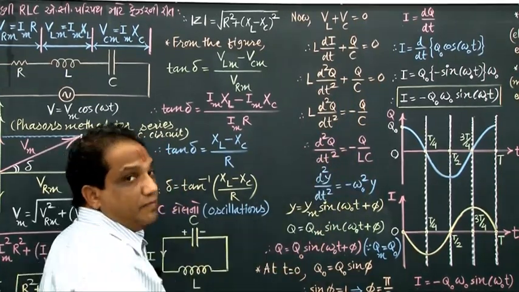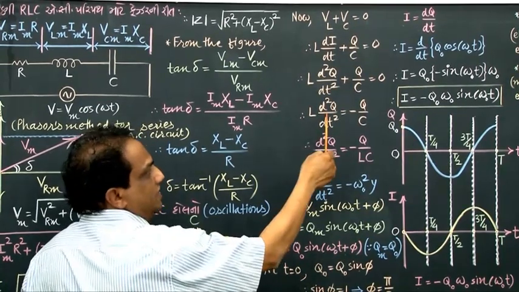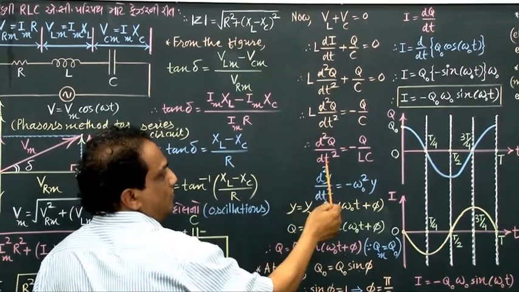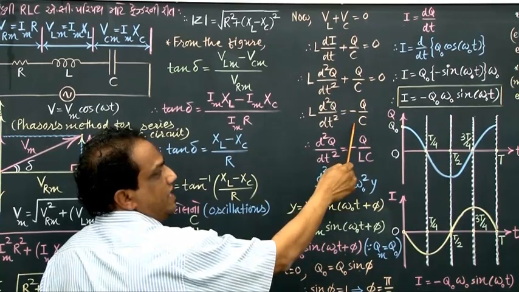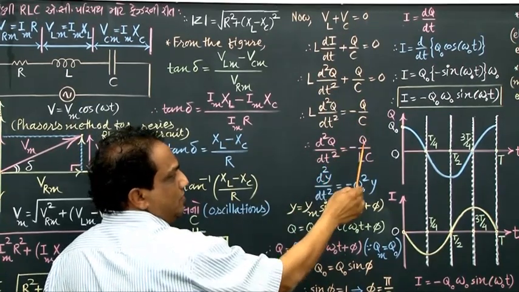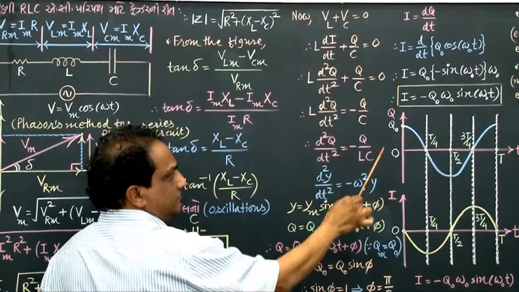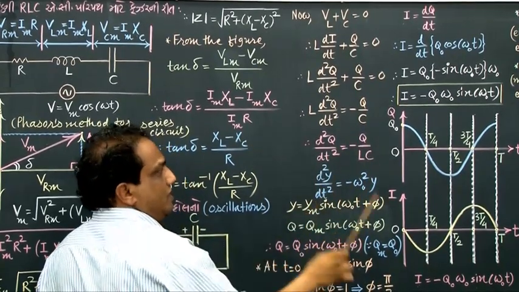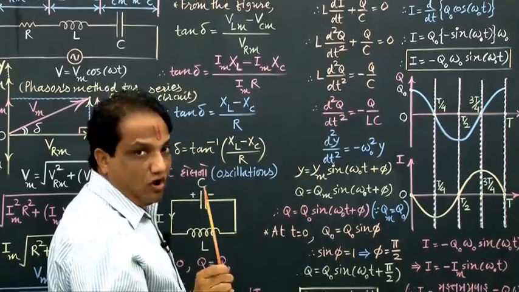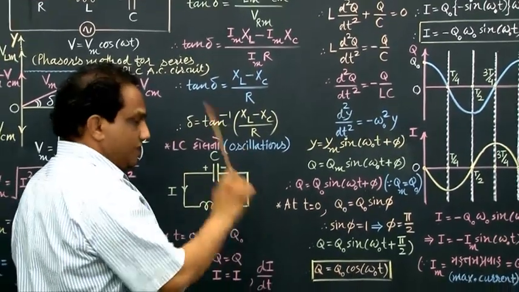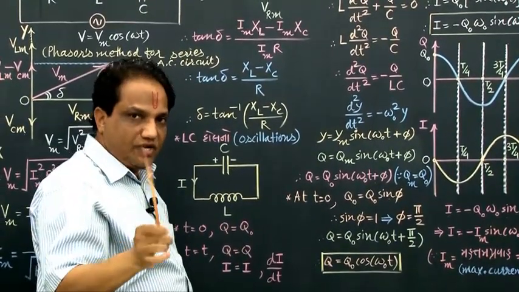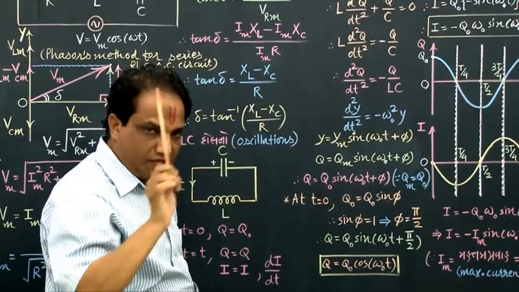Divide each term by capital L. If you do that here, it will give you d2q upon dt square equals minus q upon LC. This equation is called the differential equation of given LC circuit.